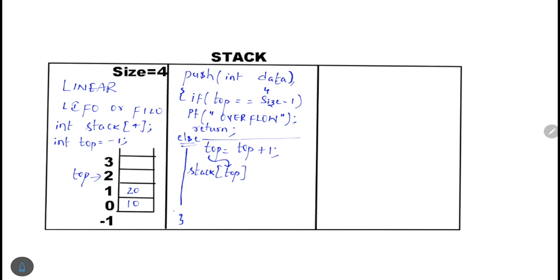So inside the updated stack top, we should place the data item whatever we are receiving into the function. So that data item needs to be specified here, isn't it? These 2 lines of code show how to perform the push operation.